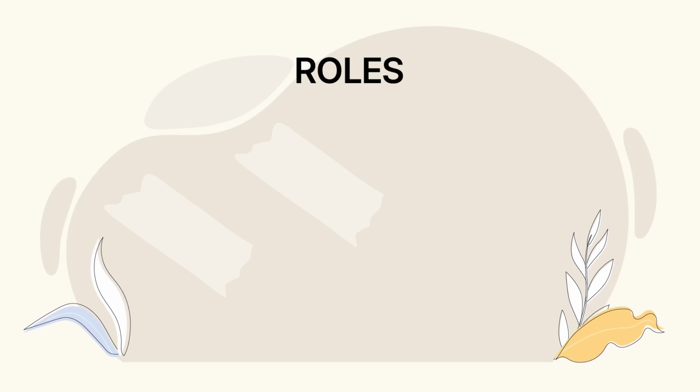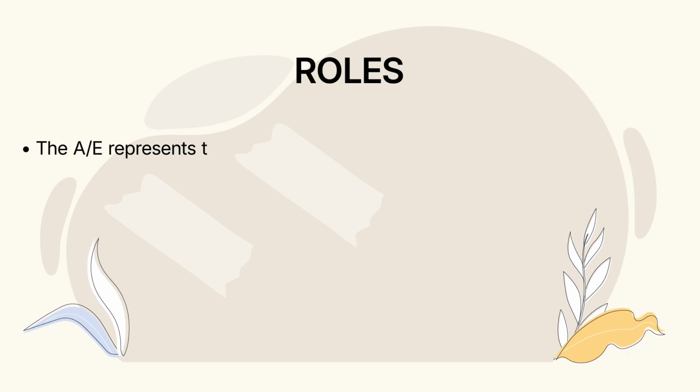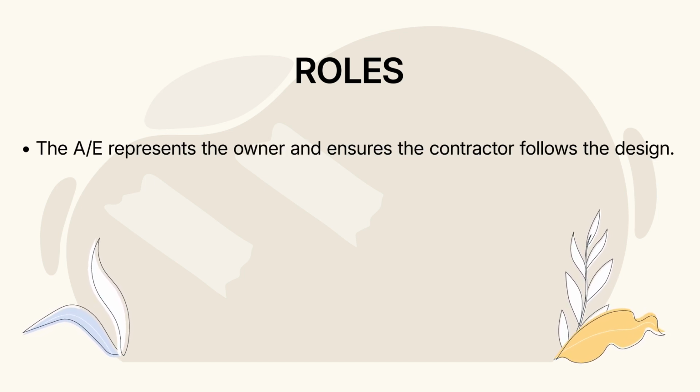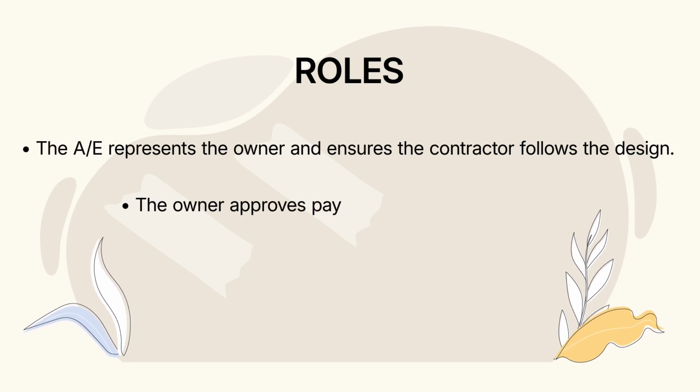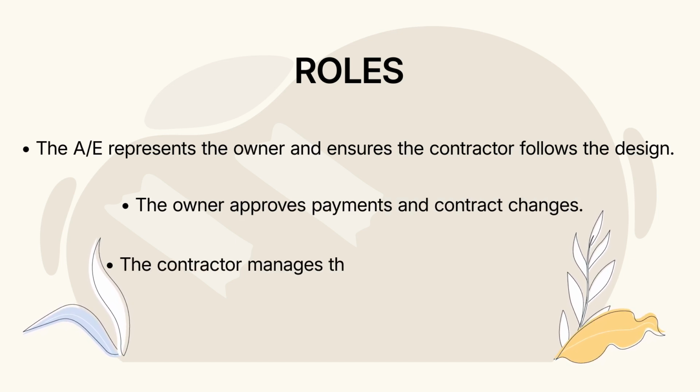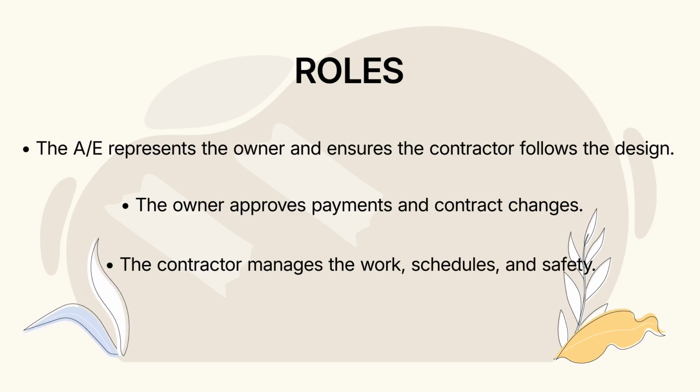The roles in each of these negotiation contracts: the architect represents the owner and ensures the contractor follows the design intent. The owner approves payments and contract changes. The contractor manages the work, schedules, and safety.